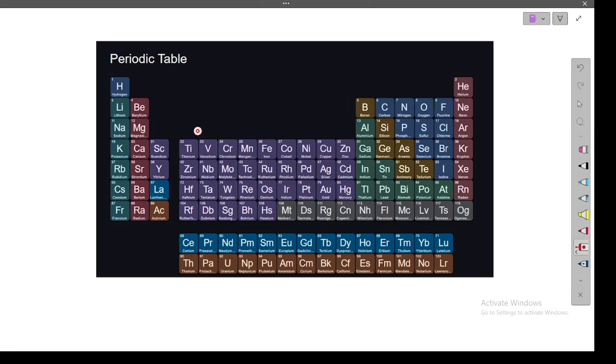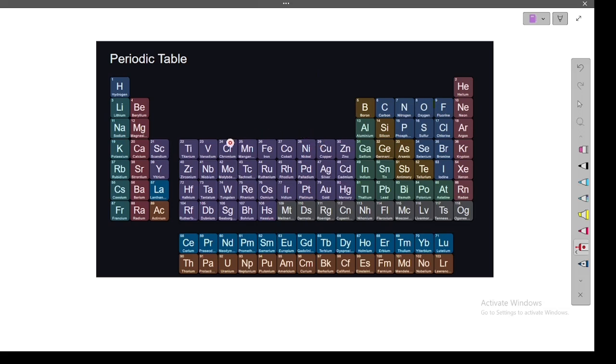And we have learned the metallic character decreases along the period. But it's different for the group. If we move down the group, the metallic character actually increases. Larger atoms hold on to their outer electrons less tightly.